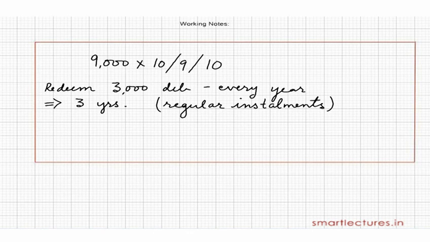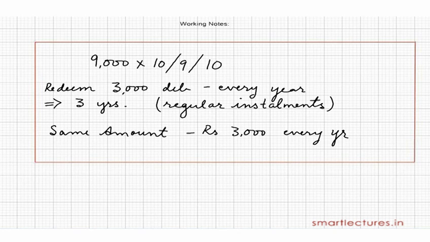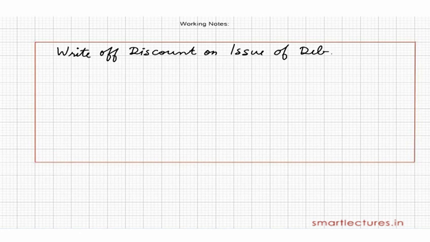I mean to say, same amount and same gap. Same amount means 3,000 debentures each year, and same gap means after every 1 year. So in this situation, we have to write off the discount on issue of debentures account in 3 installments. And the ratio will be 3:2:1.